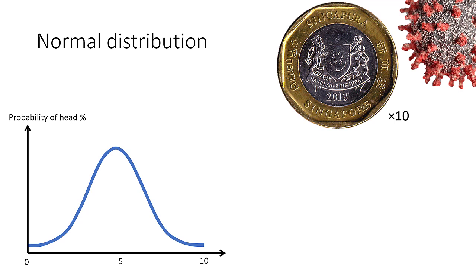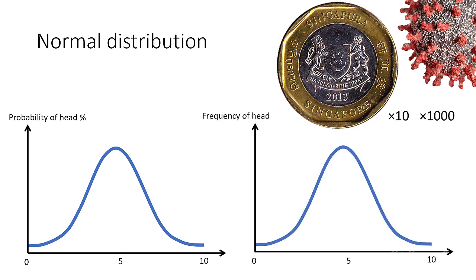Now, if we flip the coin 1000 more times, that means 10 flips times 1000 times, most likely we will get a graph that is similar to the probability graph. The number of times that we get 5 heads out of 10 will most likely be the most frequent, and the least frequent will be us getting 0 heads as well as 10 heads.